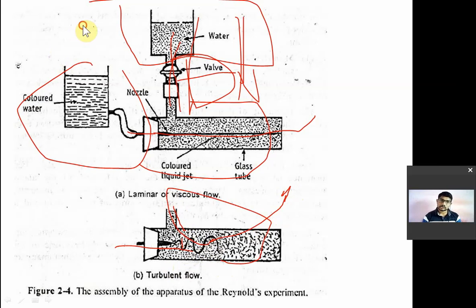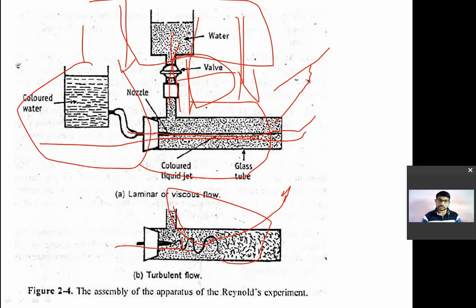So when water is introduced at a lower velocity or lower rate, you will observe a straight line of that colored solution. There will be no physical mixing of your water and your color. That type of flow is known as a laminar flow or streamline flow or viscous flow.